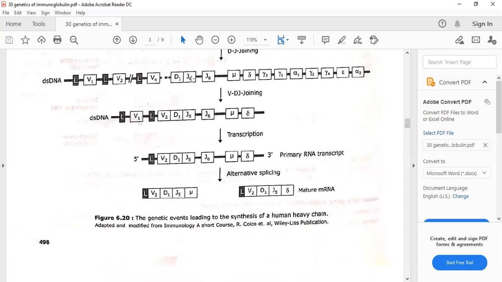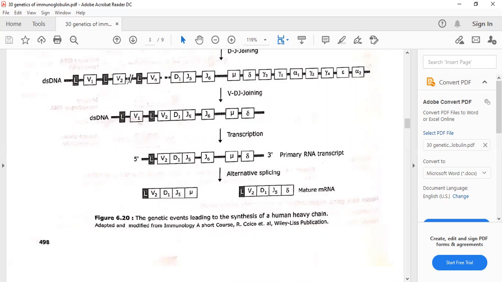This D1 is here, this J5, J6 is here, and this V region. On this V region, after V2, there is a cut from V2 up to Vn, approximately 14 segments. Okay, so there is a cut.